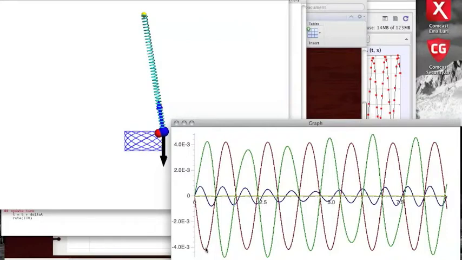The kinetic energy, shown by the blue line, at this point went back to zero as the mass changed directions, and at a point where an object changes direction, the velocity is equal to zero.